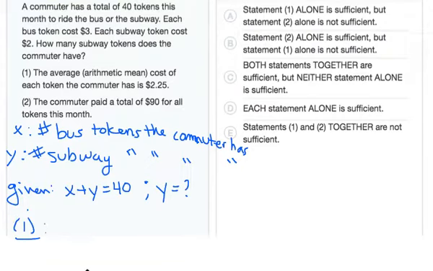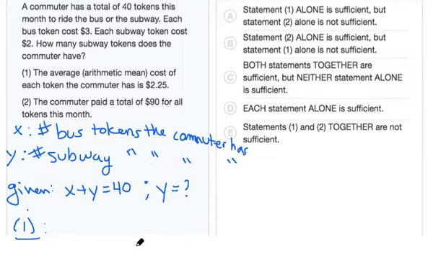This statement tells us that the average or arithmetic mean cost of each token the commuter has is $2.25. So we can actually find the mean based off of the cost. Each bus token costs $3, each subway token costs $2.